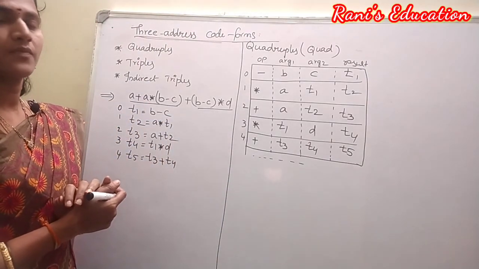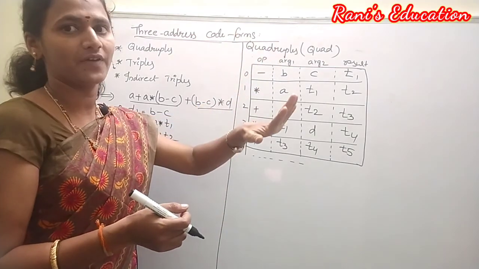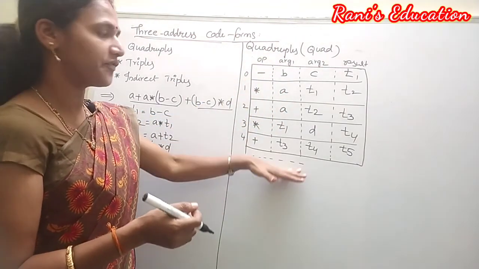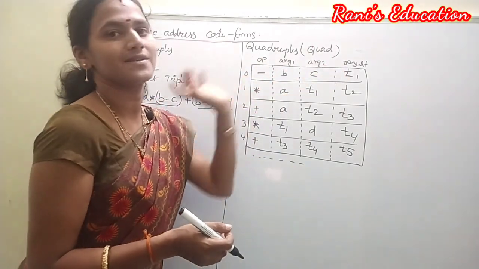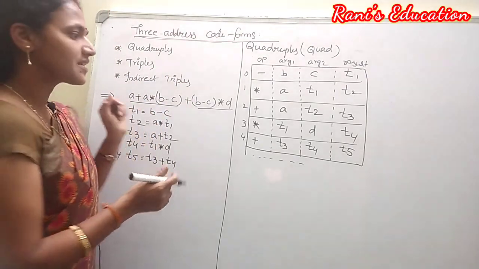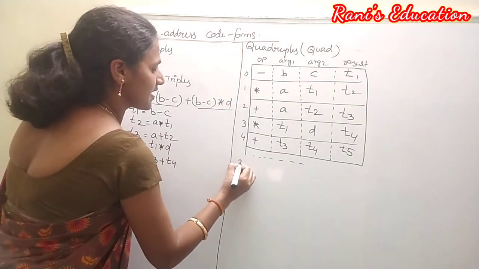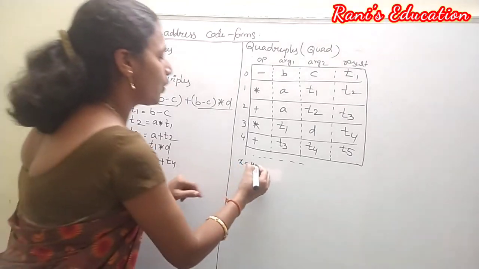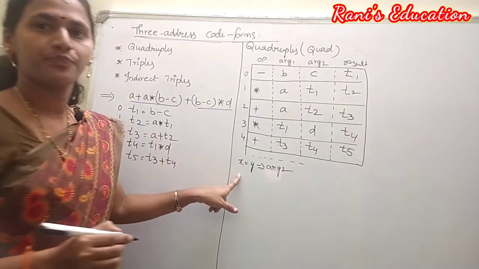Quadruples. In quadruples we have 4 fields. As the name itself indicates, there are 4 fields appearing in the record construction, an array of records: operator, argument 1, argument 2 and result. If the given instruction is a copy statement, let us take x equals y. In such a case, we don't have any value for argument 2.